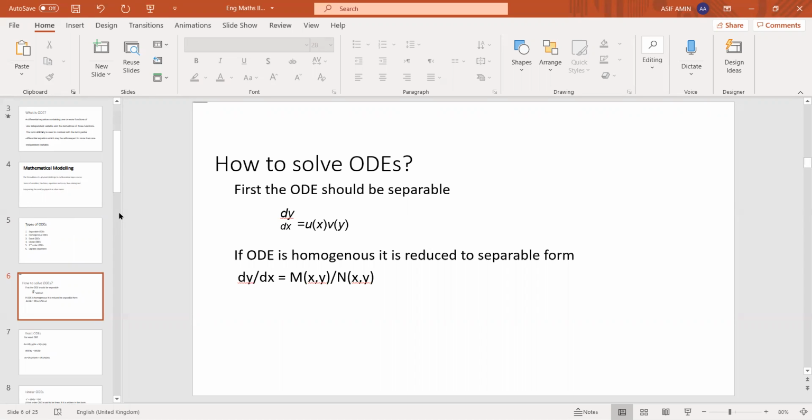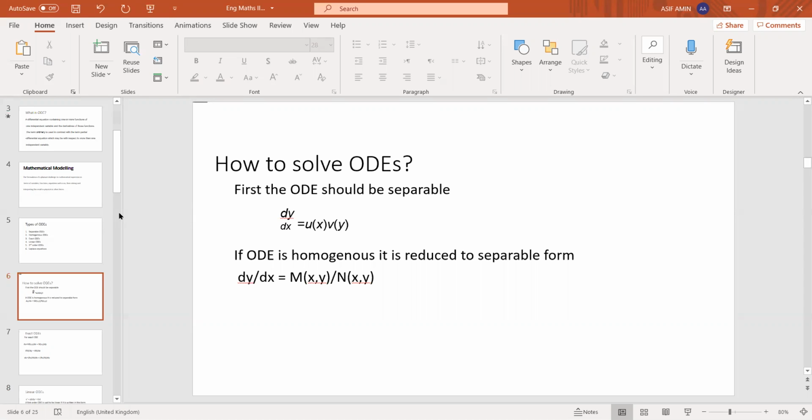To solve ODEs, first the ODE should be separable, which is dy/dx = u(x)v(y), where u is a function of x and v is a function of y. Rearranging, we get 1/v(y) dy = u(x) dx.